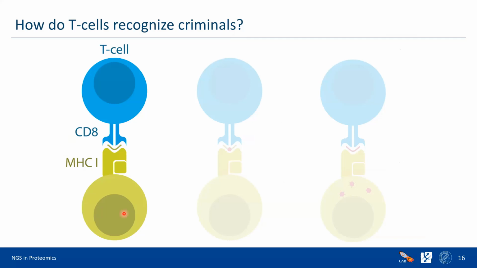As I said, each cell in our body has a protein called MHC1, or HLA, which is basically the same. The single purpose of this protein is to represent peptides on the surface. It's a really crazy system inside, but there's an immunoproteasome which by chance digests proteins.